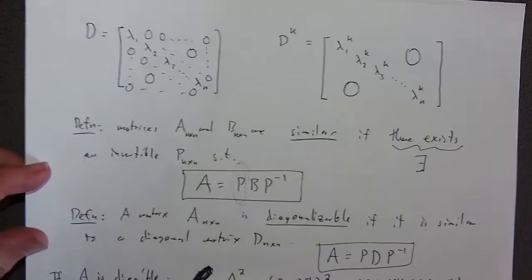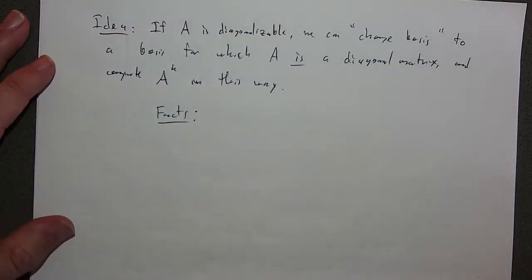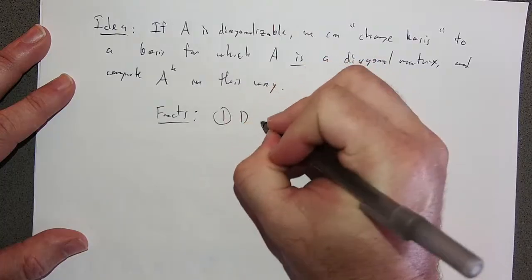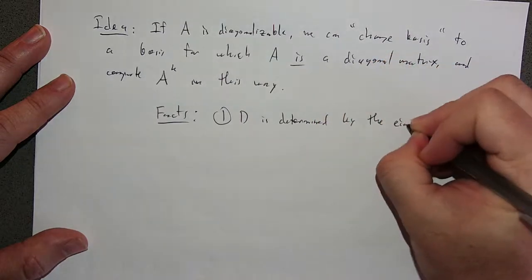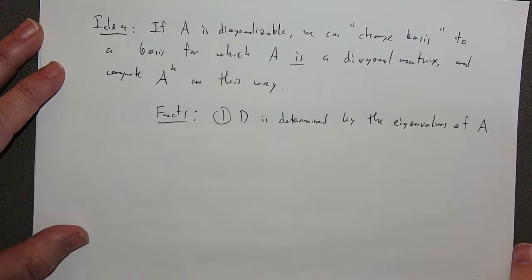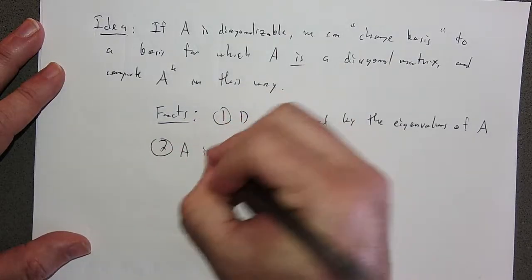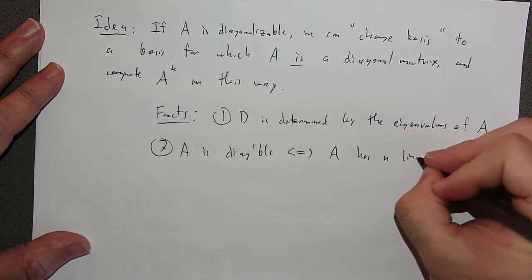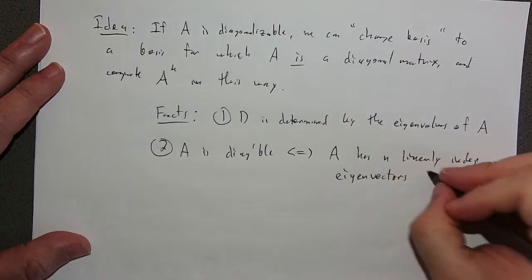There's a reason that I wrote the diagonal matrix D using lambda as the diagonal elements, because if A is diagonalizable, then those diagonal elements are the eigenvalues of A. So fact 1, D is determined by the eigenvalues of A. Fact 2, A is diagonalizable if and only if A has n linearly independent eigenvectors. This is called the diagonalization theorem.